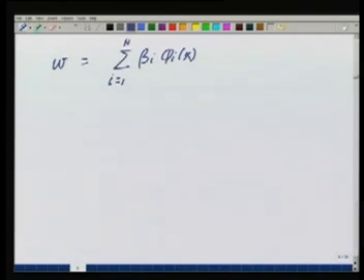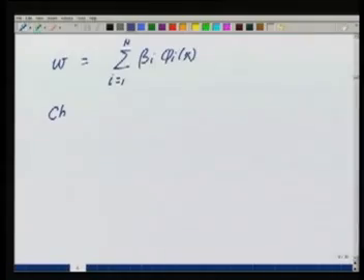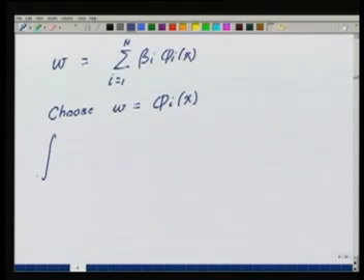So now we said, since w is under our control, this is the representation of w. So we choose w equal to phi_i(x) and put this along with the u_FE in the weak form that we have obtained.